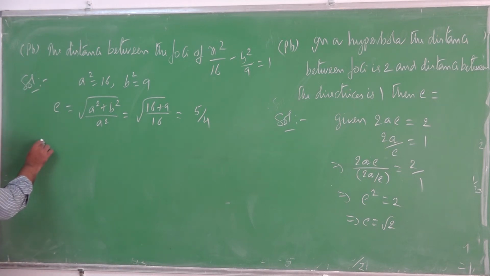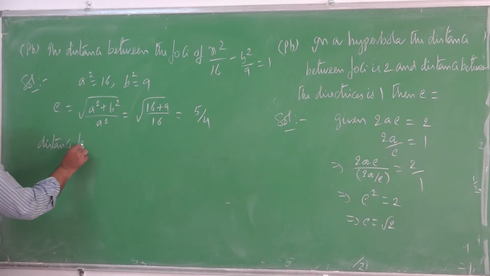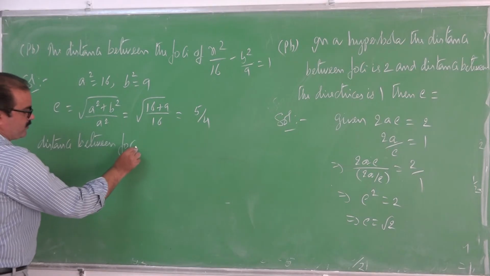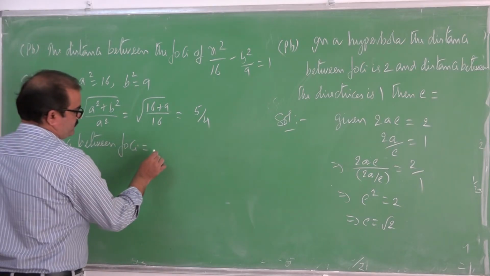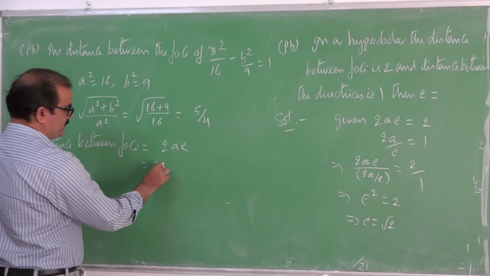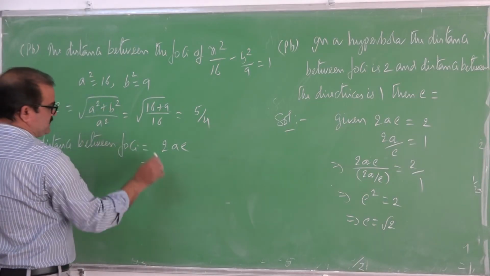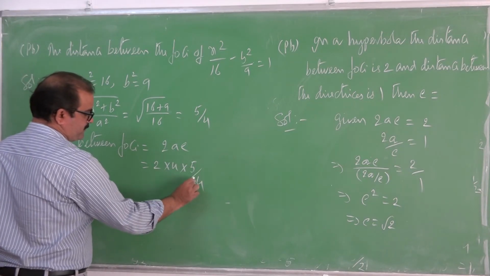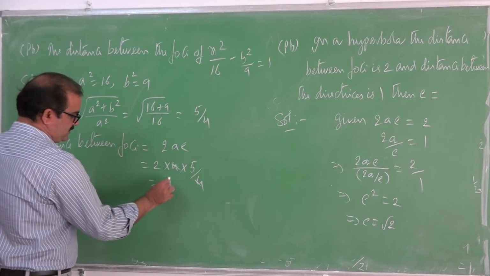Now distance between foci is equal to 2ae. 2 into a, a square is 16, a is 4, eccentricity 5 by 4. 2 into 5, that is 10.